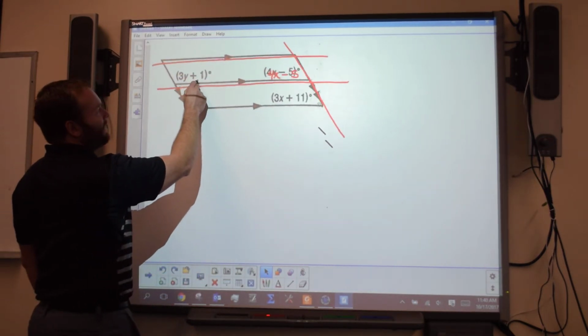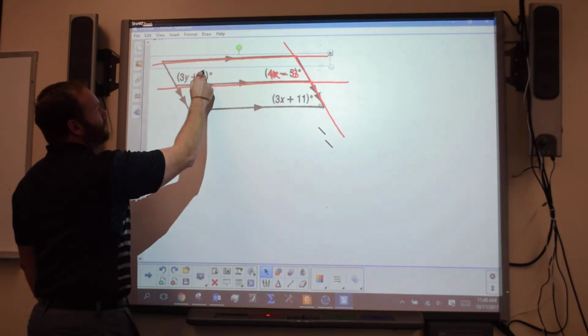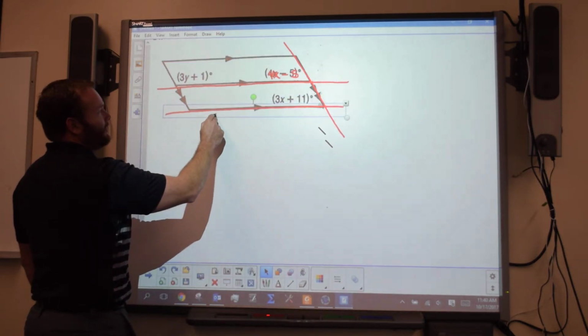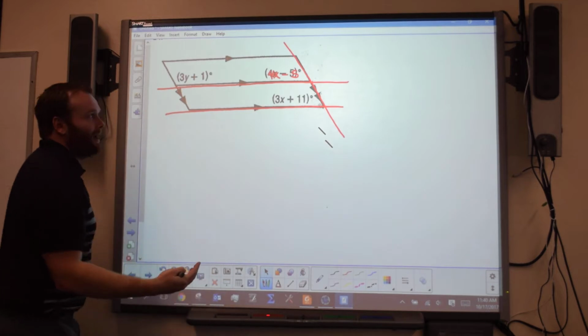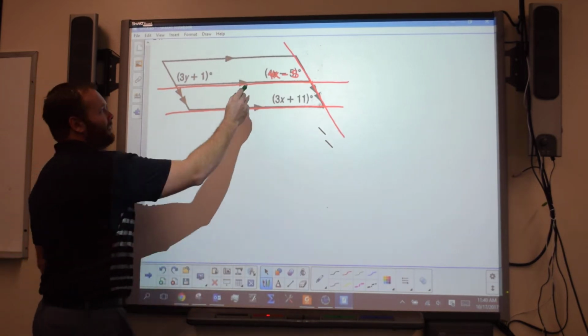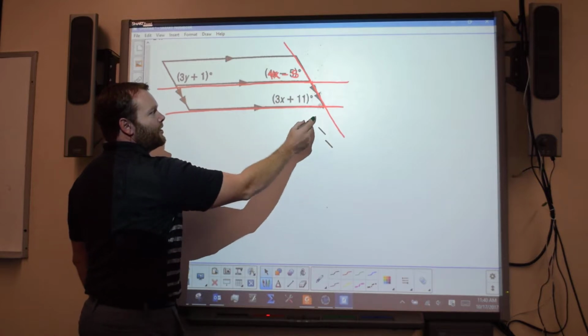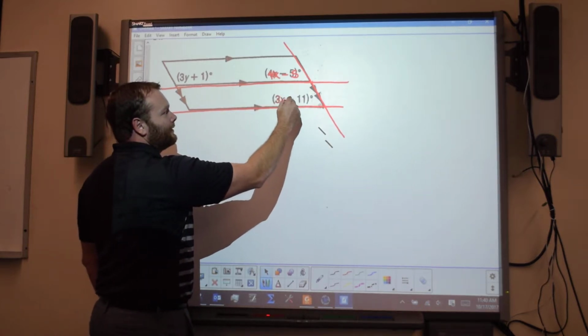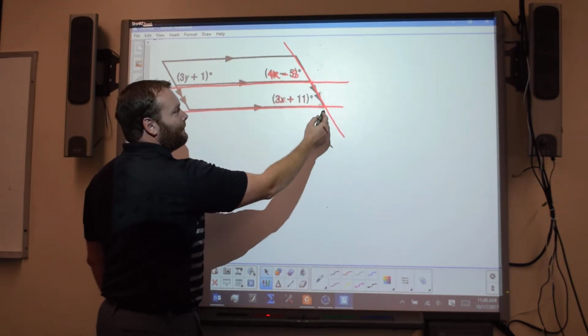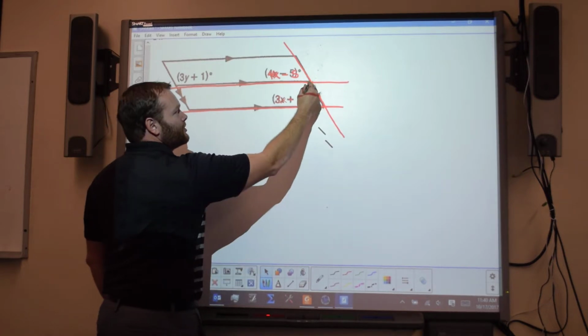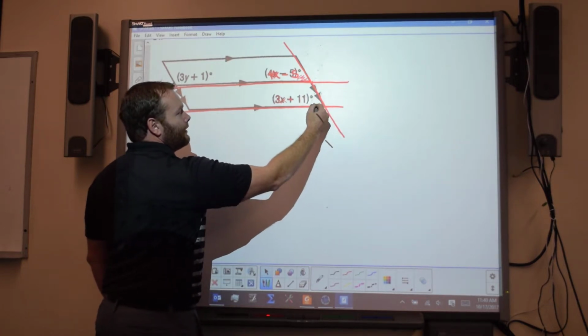So bring that back in, and now I'm going to look at that parallel line. Now hopefully that makes a little bit more sense, because now the 4x minus 5 is made with that top parallel line and that transversal, but the 3x plus 11 is also made by the bottom parallel line and that transversal. So we're looking at that angle there and that angle there.